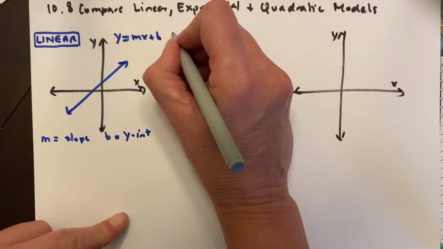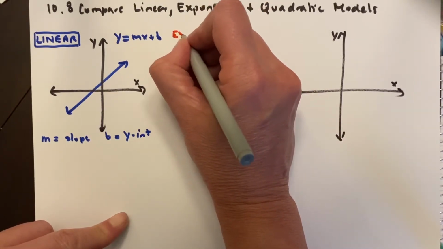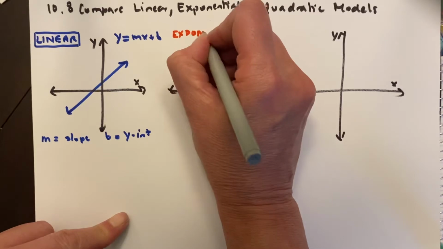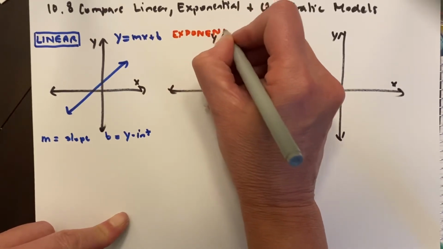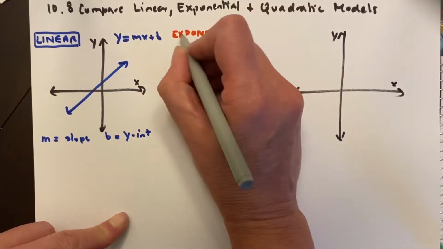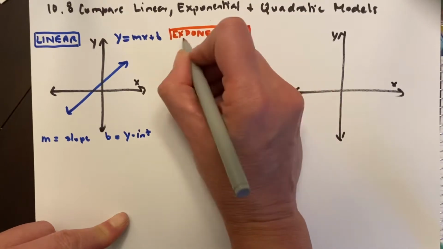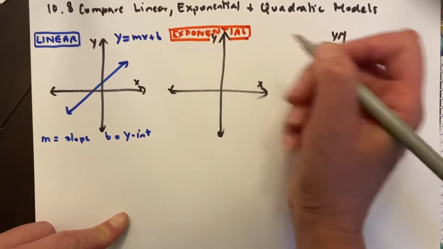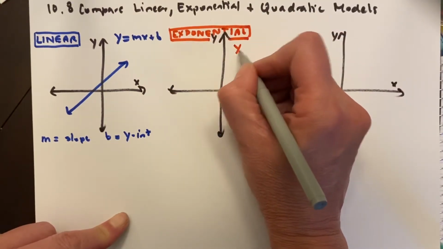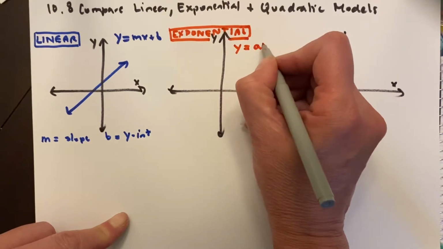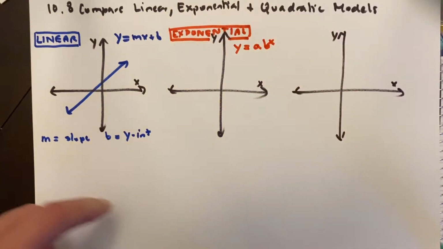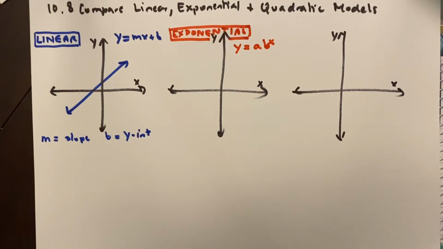The next kind of equation we have is exponential. Slightly longer word. And that equation is known as y equals a times b to the x. You remember that? We did that a few chapters back.